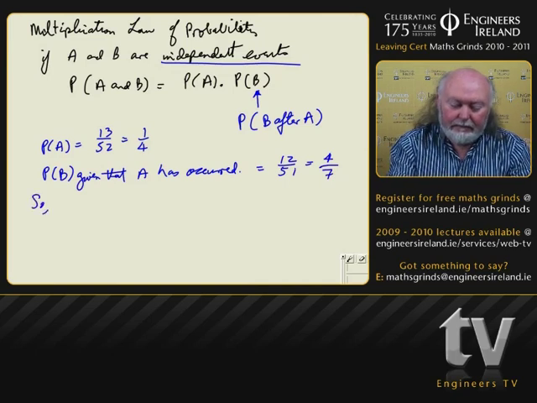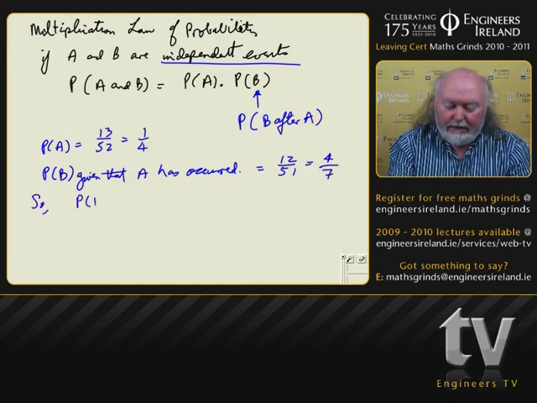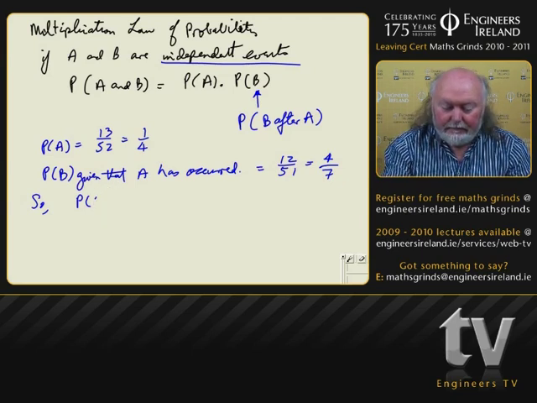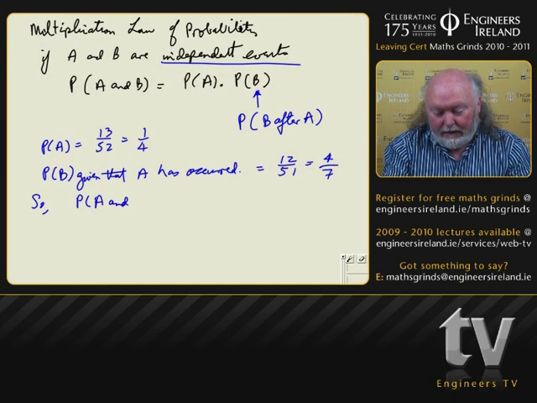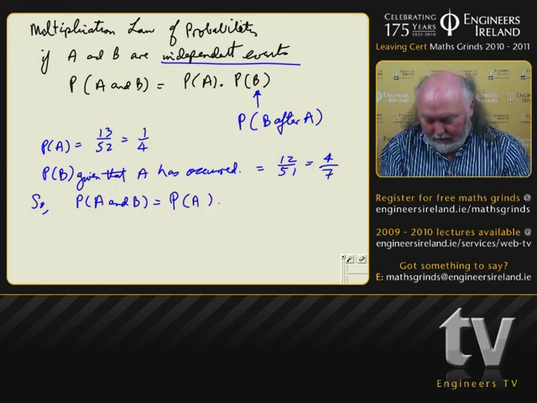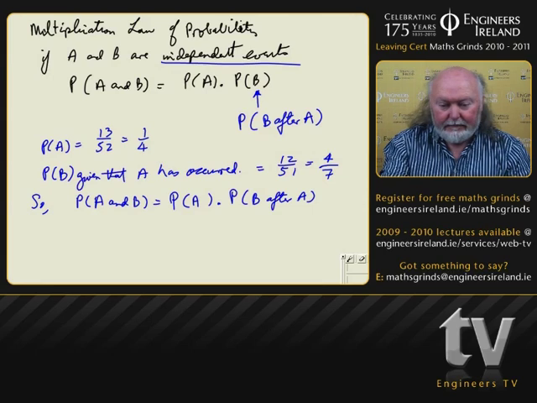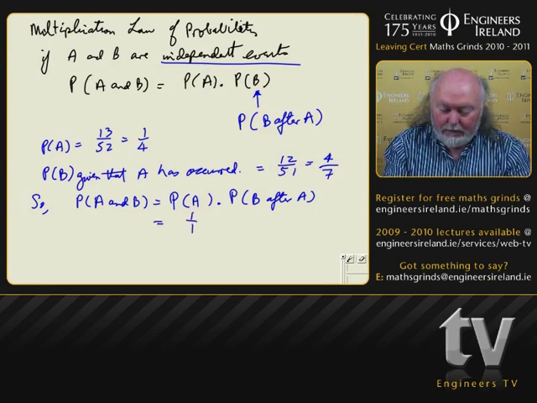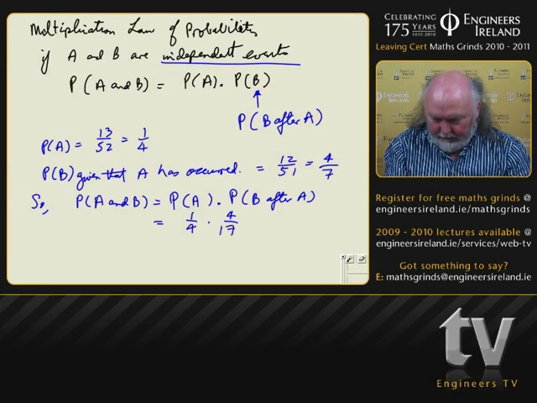So the probability of a heart and another heart is equal to the probability of the first one by the probability of B after A. And we can say it's 1 over 4 by 4 over 17.